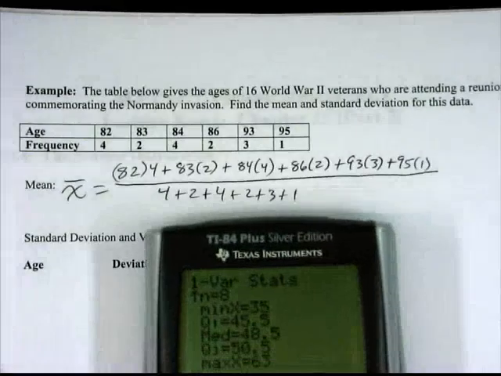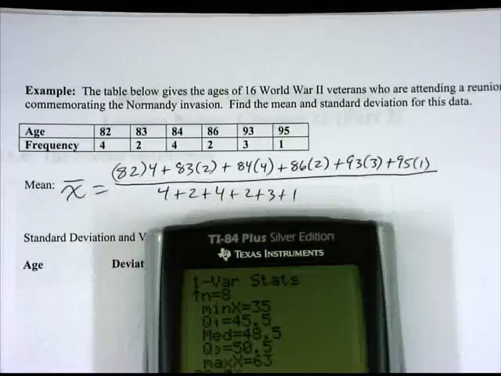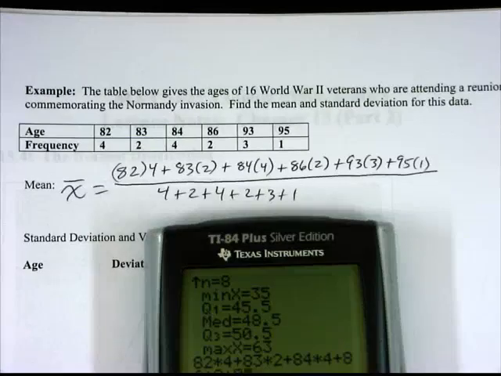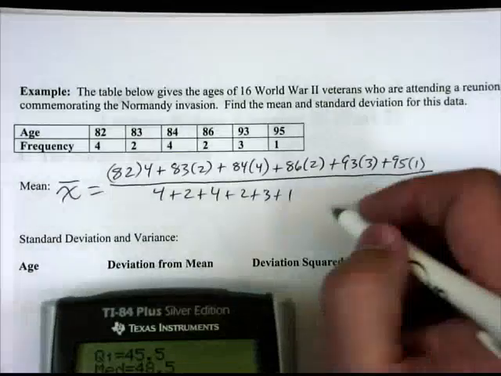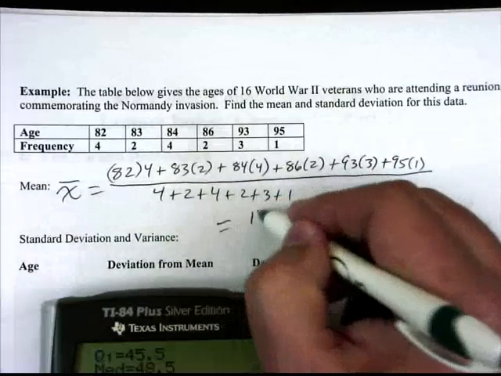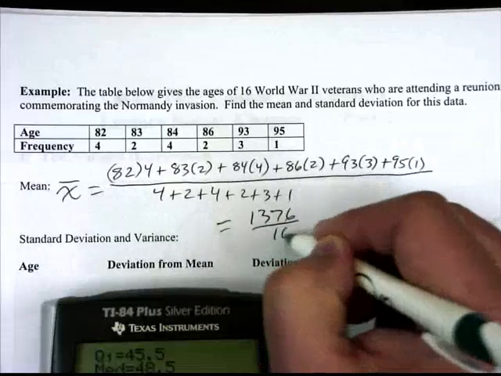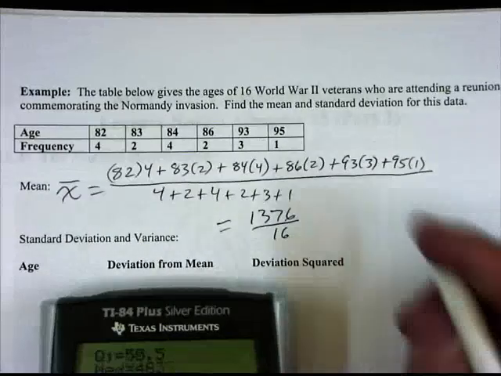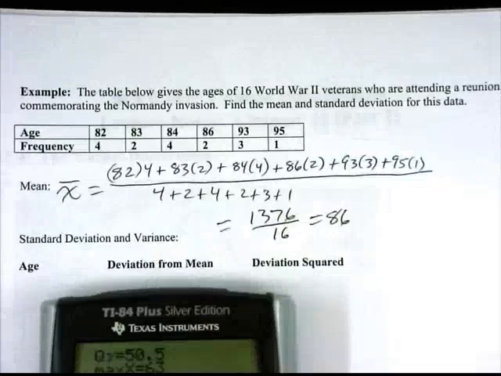We're going to get 82 times 4 plus 83 times 2 plus 84 times 4 plus 86 times 2 plus 93 times 3 plus 95. And that gives us a total of 1376 divided by 16, which is 86.